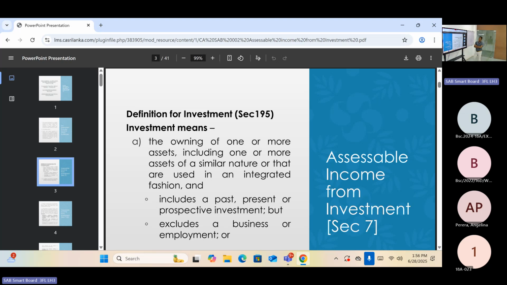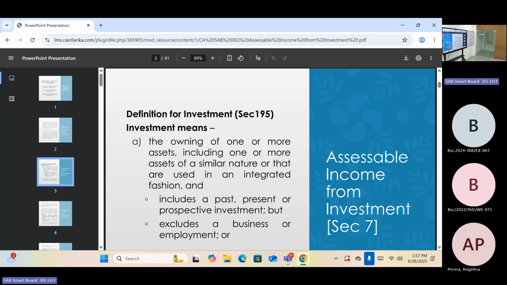So it includes past, present, or prospective investment, but excludes a business or employment. Business or employment is not part of the investment asset. Why? If that income is there, we need to work it out under that particular income. Employment, business, investment, each has its own dominant factor.